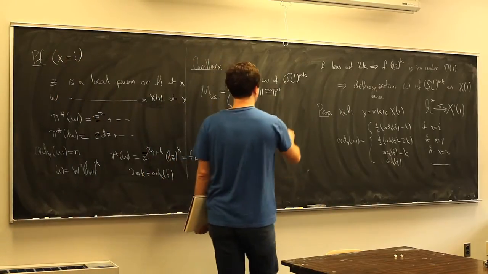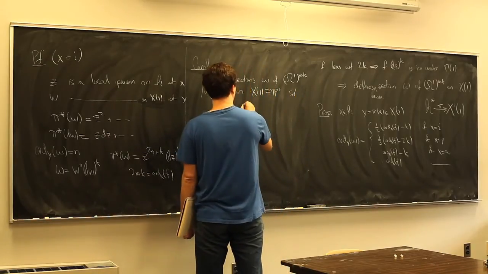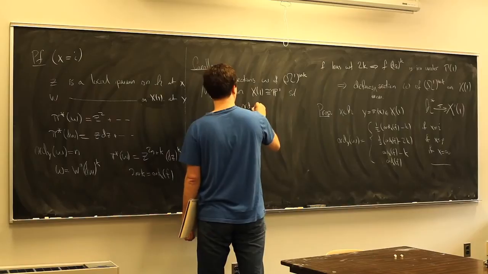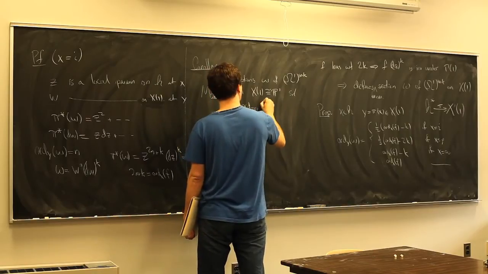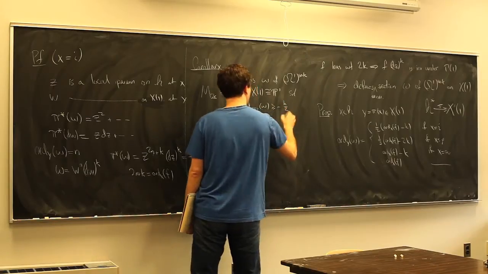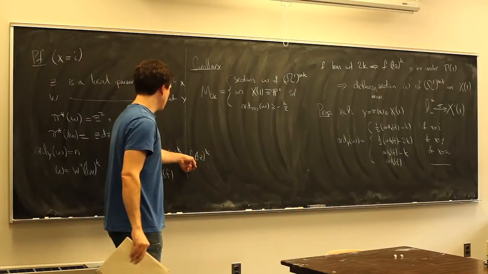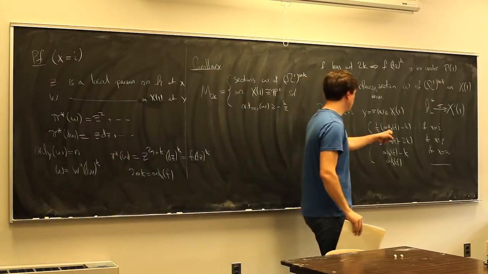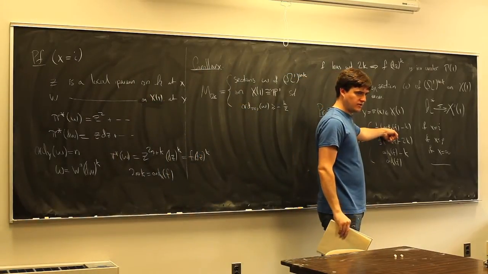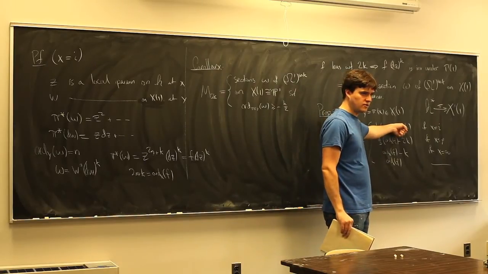So such that the order at, let's say, pi of i of omega is greater than or equal to minus k over 2. Right, we want our f to be holomorphic at i, so that means we want the order of f to be greater than or equal to 0, and that's the same thing as asking that the order of the descended thing is greater than or equal to minus k over 2.